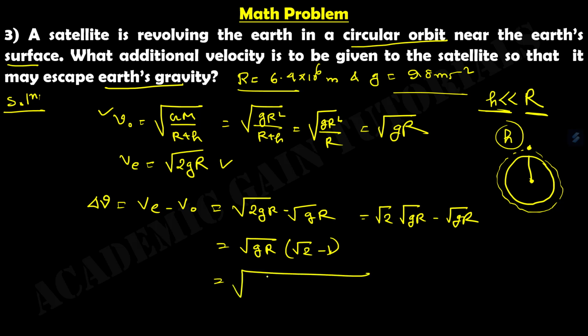So if I put the value of g, which is 9.8, and r, which is 6.4 into 10 to the power 6, and root 2 minus 1, and calculate this whole value, then the additional velocity will be 3.36 into 10 to the power 3 meter per second. So this is the velocity we have to add to this orbit velocity so that the satellite escapes our Earth's gravity. I hope you understand this problem.